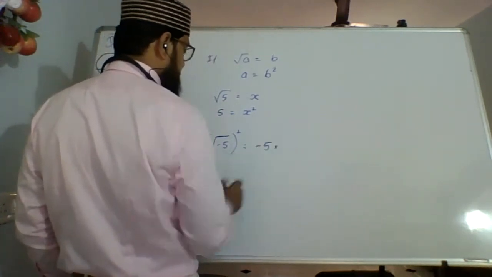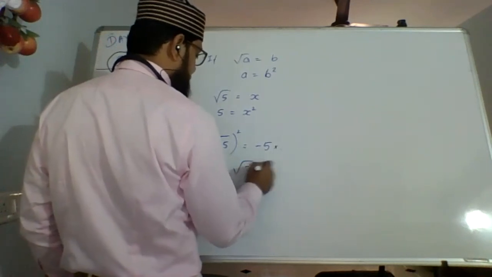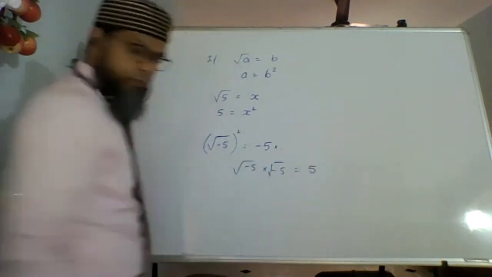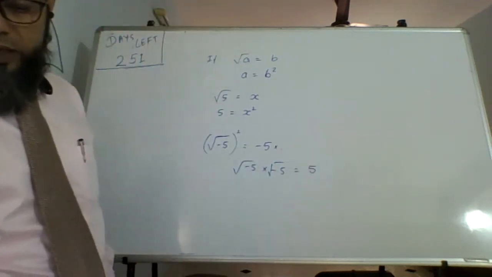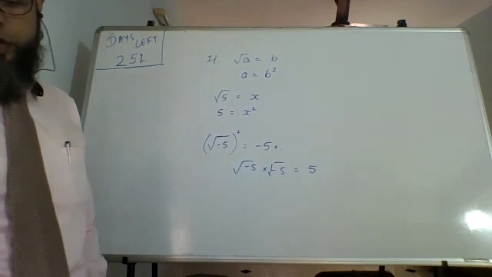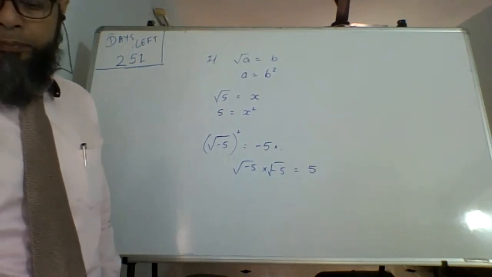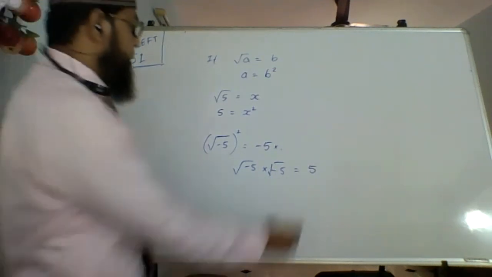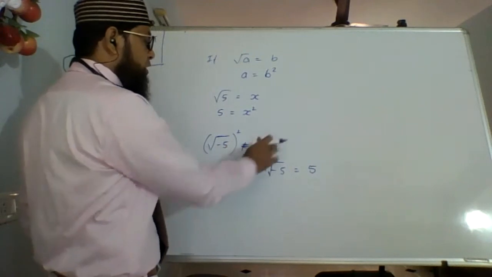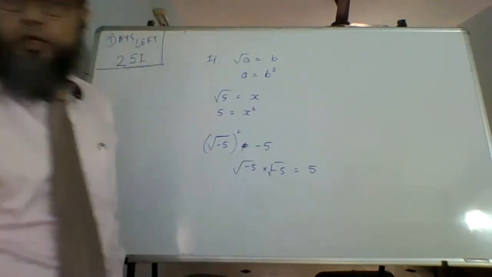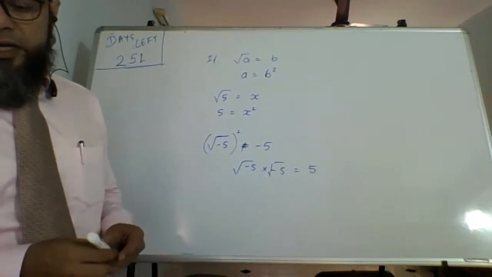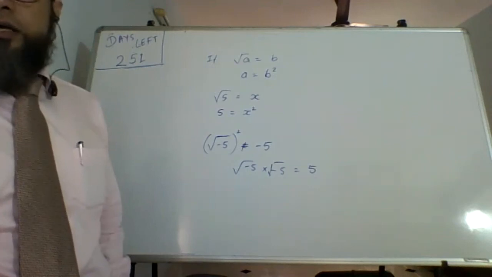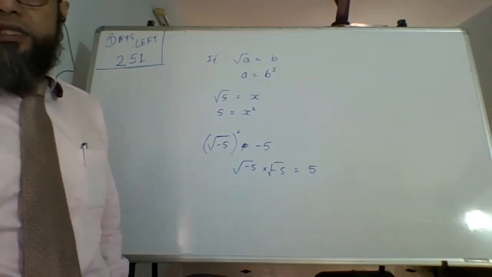This is not going to happen, because minus root 5 into minus root 5 is going to give me 5 only. It is not going to give me -5, because minus into minus is going to give me plus. So square root of a negative number is not a real number. All you need to know is that much.